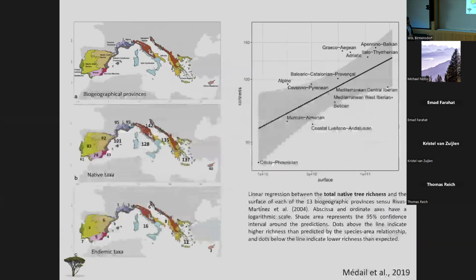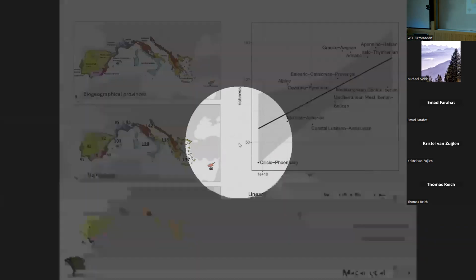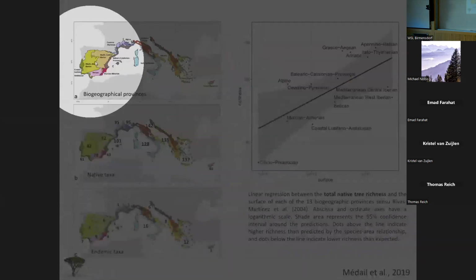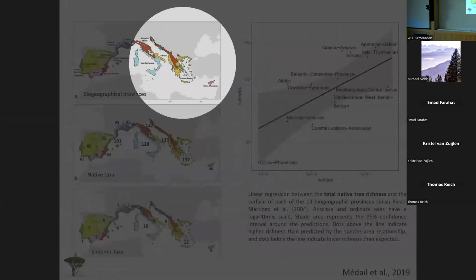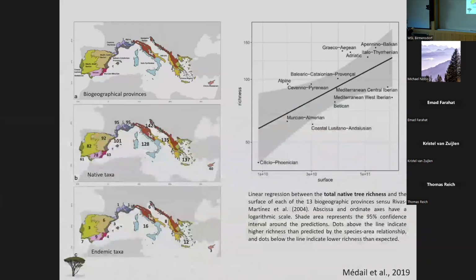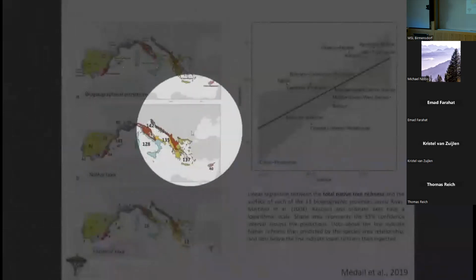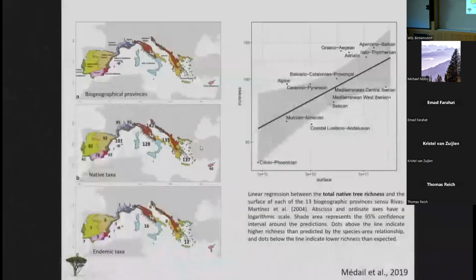When we focus on the number of taxa, with particular respect to the woody species, we can have a look here at panel A. We have the distribution of biogeographical provinces and the native taxa in each of them.